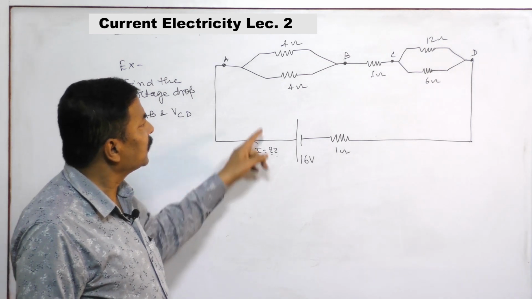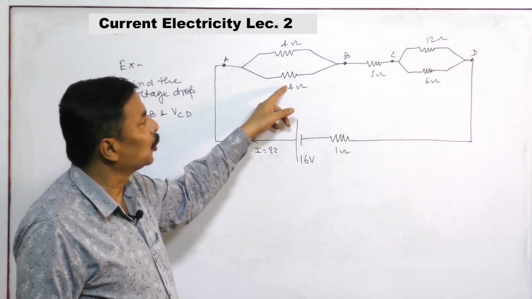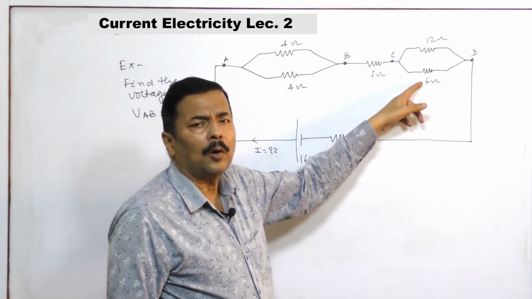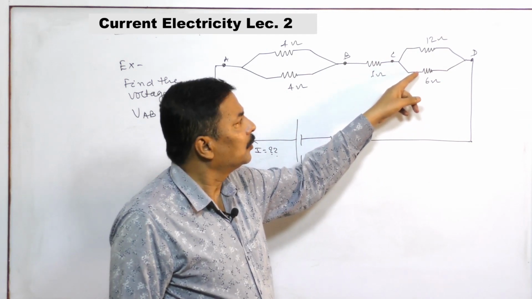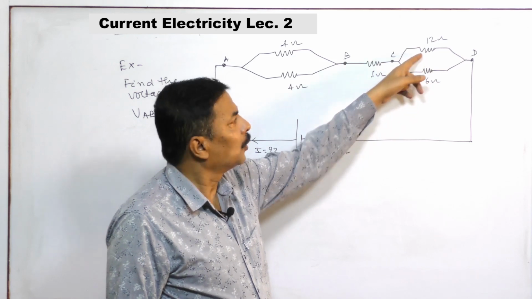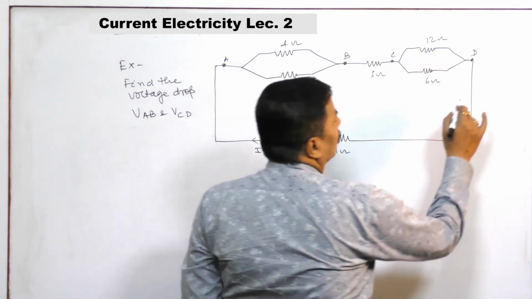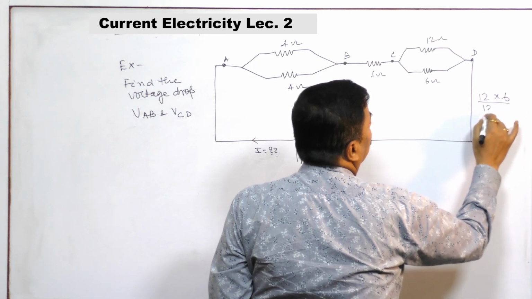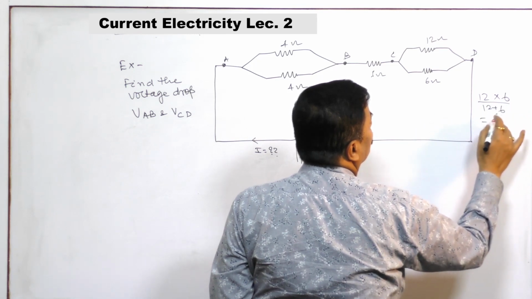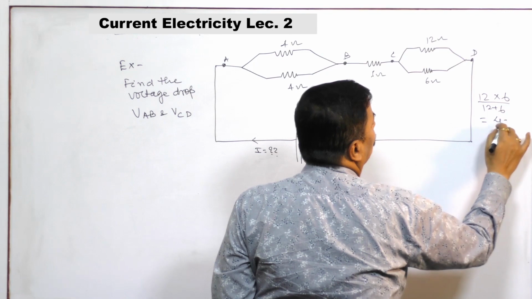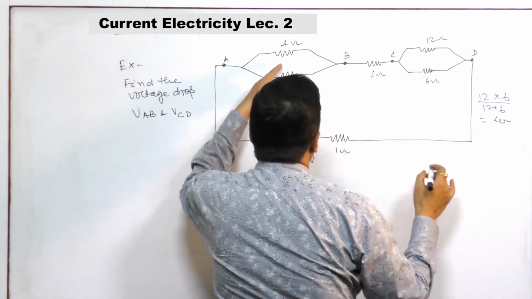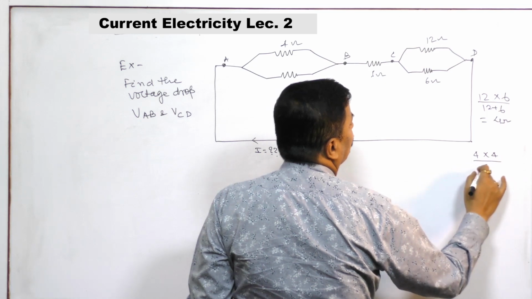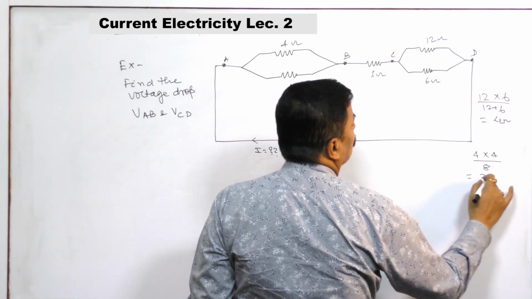In order to get this current, this 4 ohm and 4 ohm are in parallel, and 12 and 6 are in parallel. So 12 into 6 by 12 plus 6, this is your 4 ohm, and this is 4 into 4 by 4 plus 4, 2 ohm.